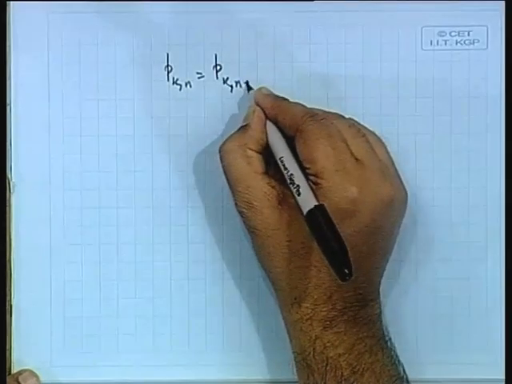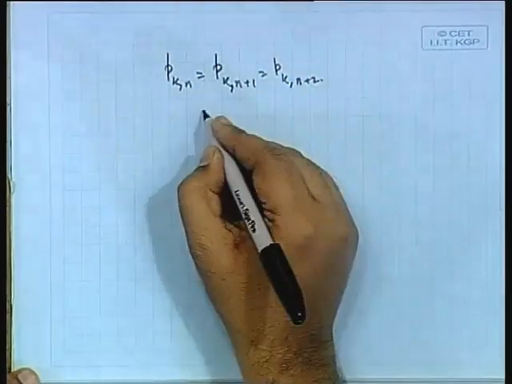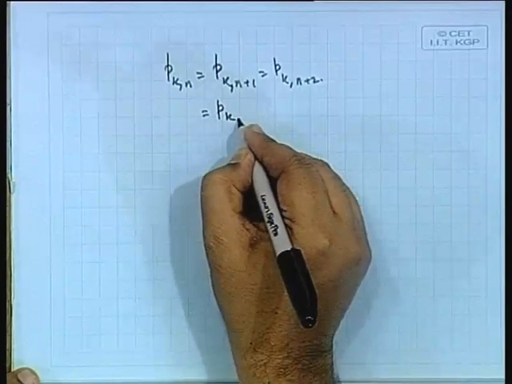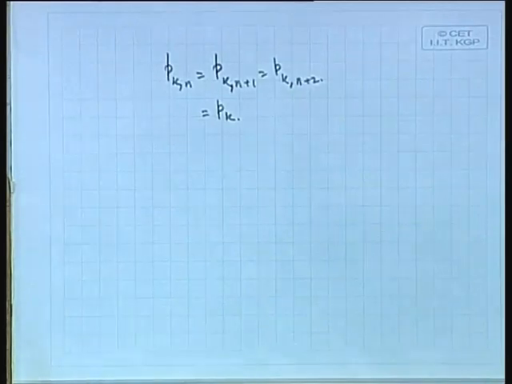So, it is equal to p k n plus 1, it is p k n plus 2, and so it should be equal to p k. Remember, the observation is that p k n slowly becomes independent of n.